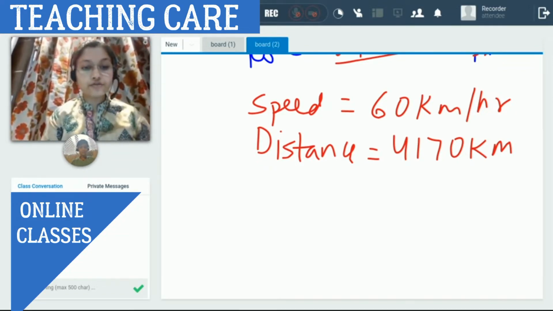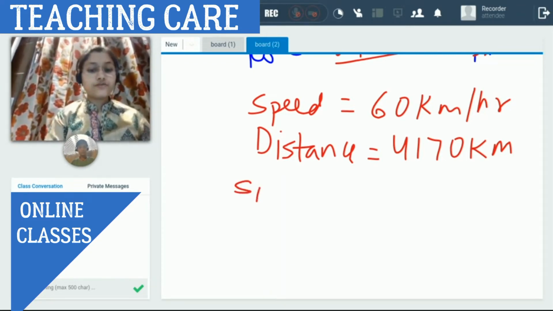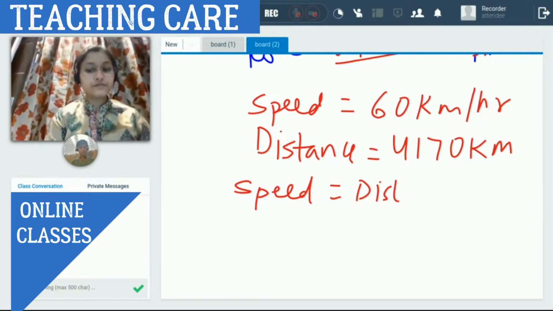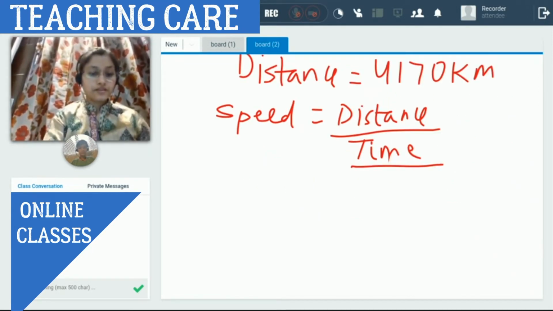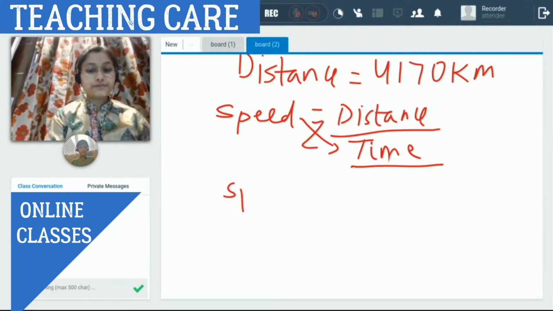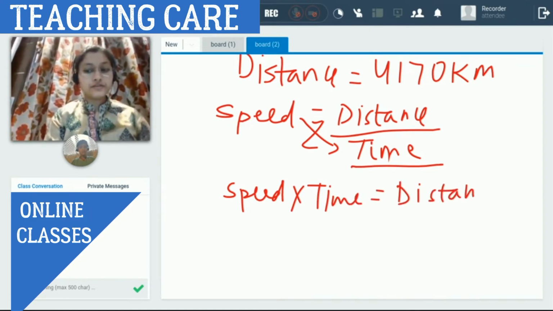What is the formula for time? See, the general formula is speed is equal to distance upon time. From this, I can calculate the formula for time. If I cross multiply the things, then speed into time is equal to distance.